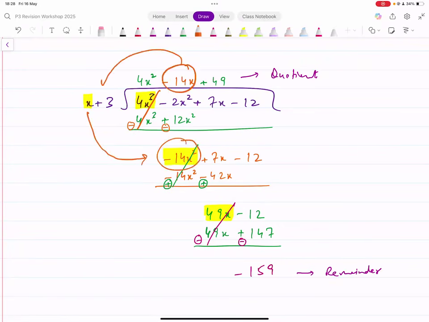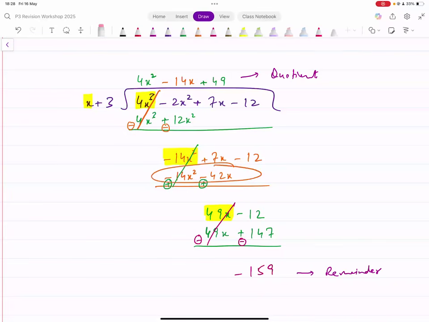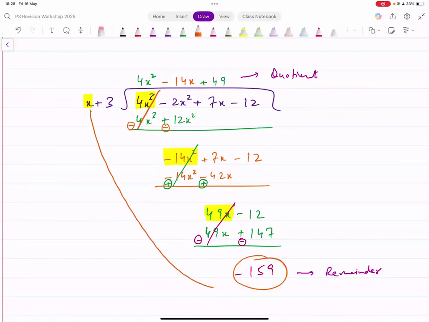You multiply minus 14x with this whole thing, and you get this expression. You change the signs again, and this process keeps repeating until you get something that has a lesser degree than this expression here. That was x power 1. We are getting x power 0 here, so we stop there, and that's your remainder, and this is the quotient. That's how this division process works.